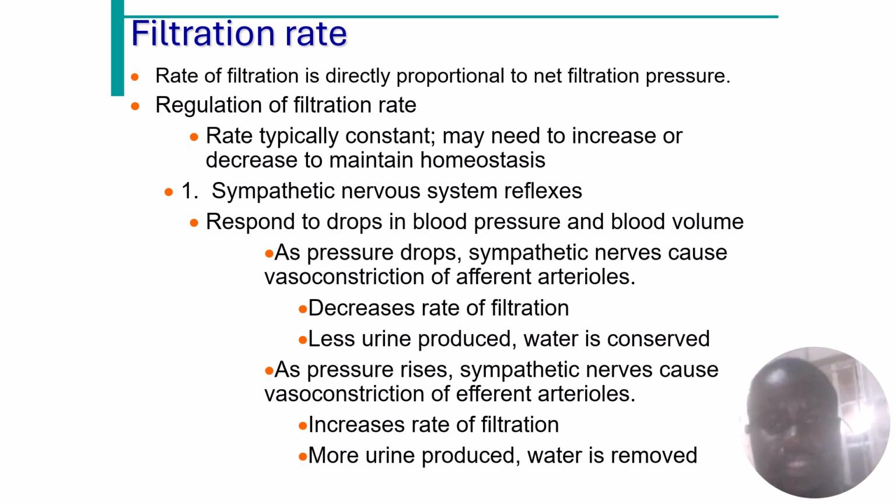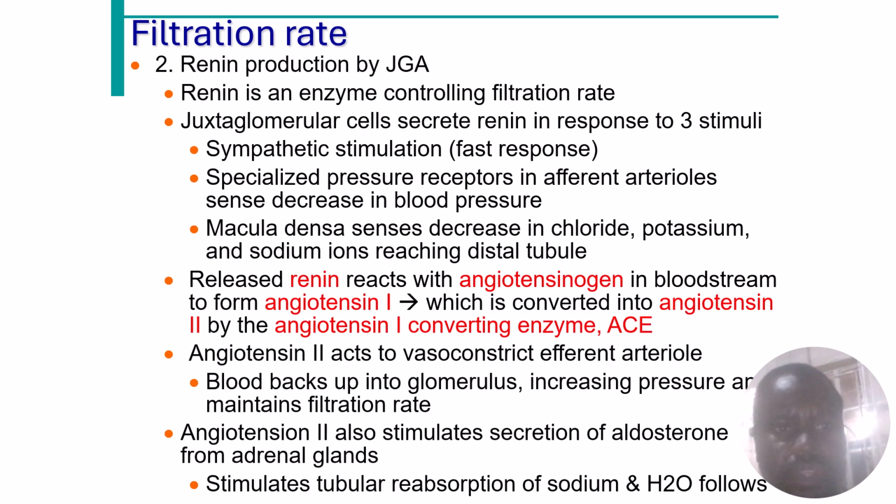So as pressure rises, sympathetic nerve causes vasoconstriction of the efferent arteriole, and this will cause congestion in the glomerulus, and this will increase filtration. Also, in conditions where we have poor perfusion of the kidneys, also as a result of sympathetic stimulation, also as a result of macula densa activity in the juxtaglomerular apparatus, we can have increased production and secretion of renin by the granular cells.